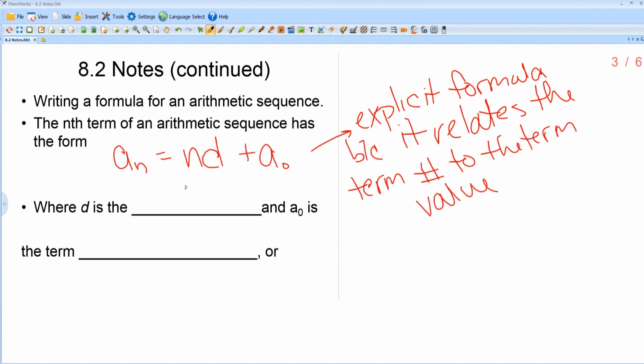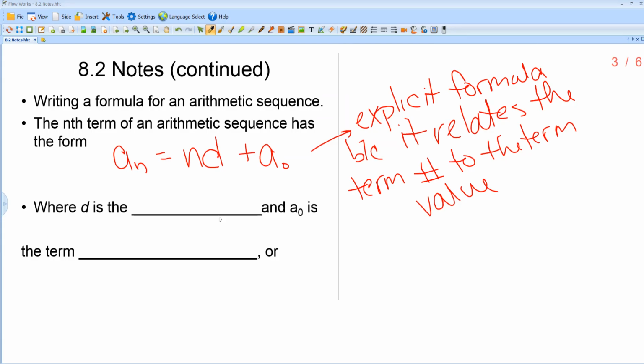So this is directly relating, hey, I'm looking for the 5th term, and I have a formula for the 5th term. Explicit formulas allow you to jump further along, or infinitely along, in a sequence. The other type of formula is what's called a recursive formula. A recursive formula is a little bit different. We'll talk about that still.